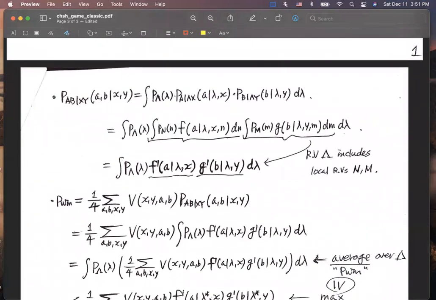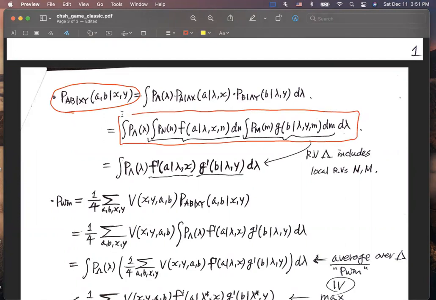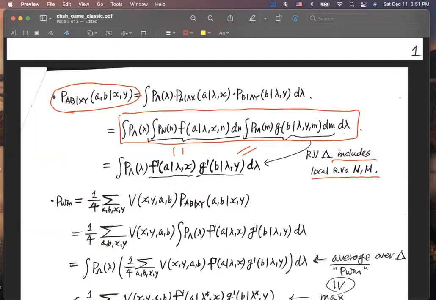So by the discussion for this conditional probability, we have this new expression. But as we think of the random variable lambda as including the local random variables n and m at each location, we can simplify this expression to f prime and g prime, which are also governed by this random variable lambda.